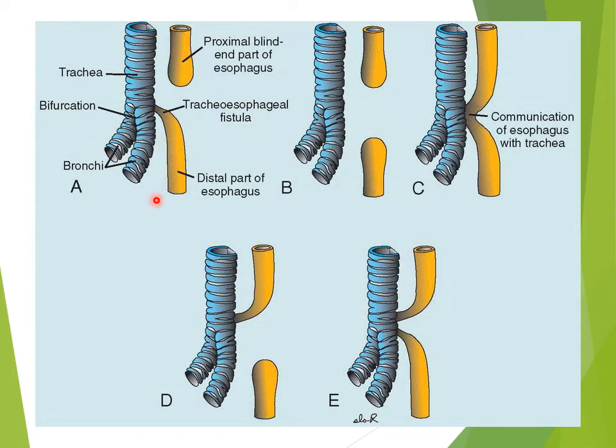The tracheoesophageal fistulas are because of the deviation in the tracheoesophageal septum. So what are the different types of tracheoesophageal fistulas? You have seen them in the respiratory development as well.